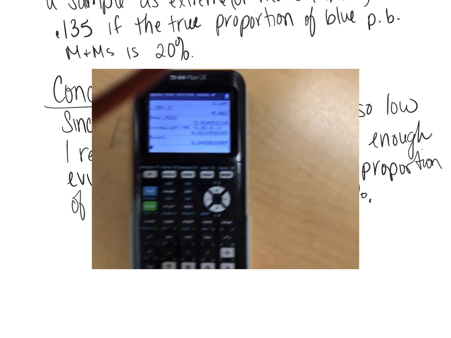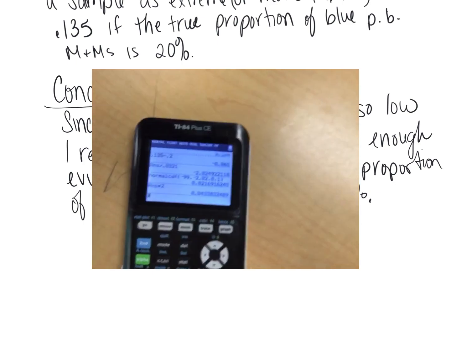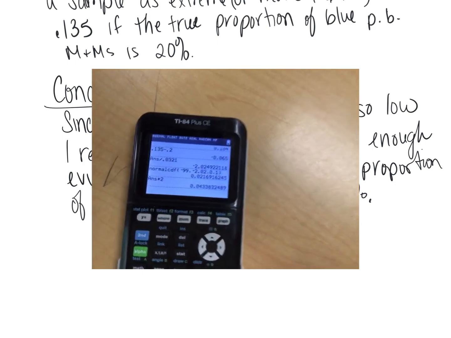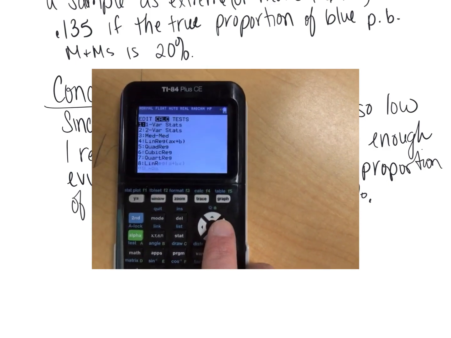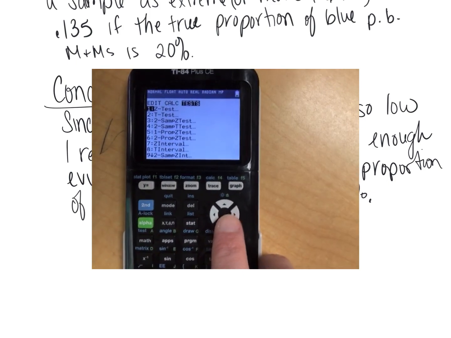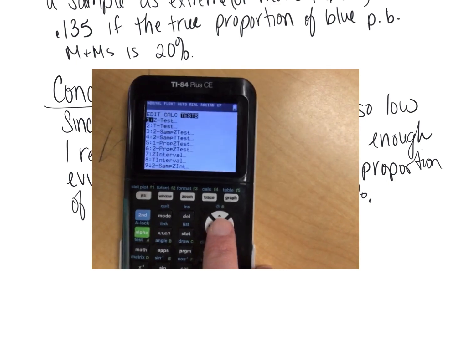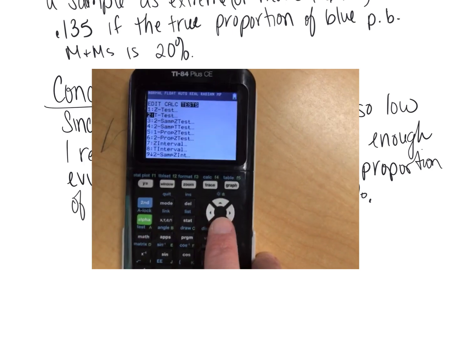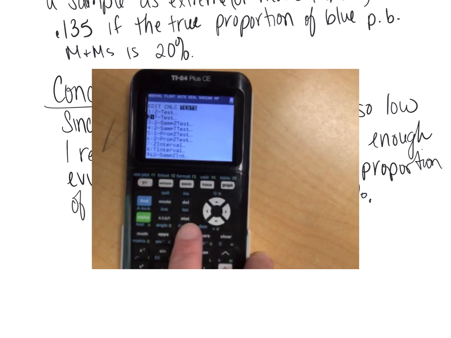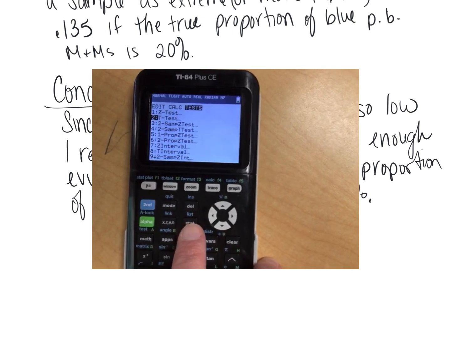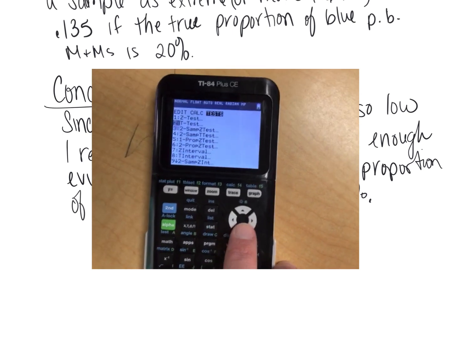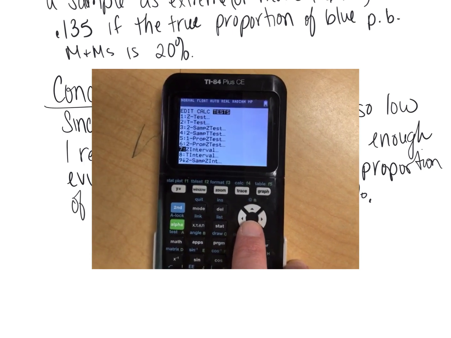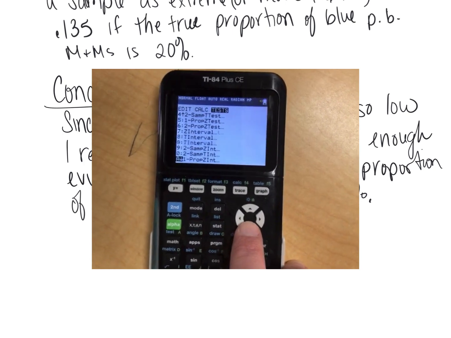To create an interval, you're going to go into your stat over to tests. I have z-test. We're not using the z-test. Stat is right there next to your X,T,theta,n button. I'm going to a 1 proportion z interval is what I need to create.